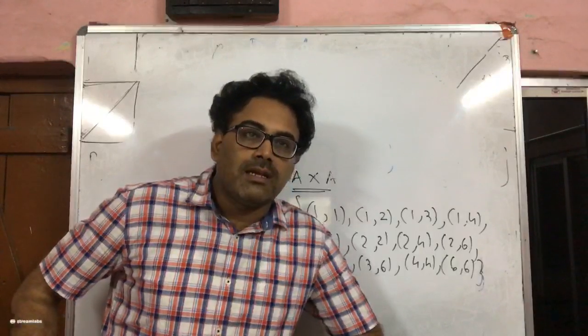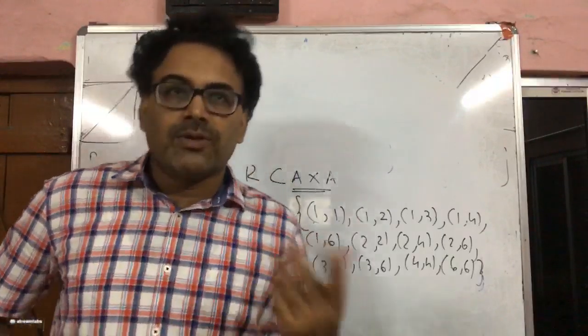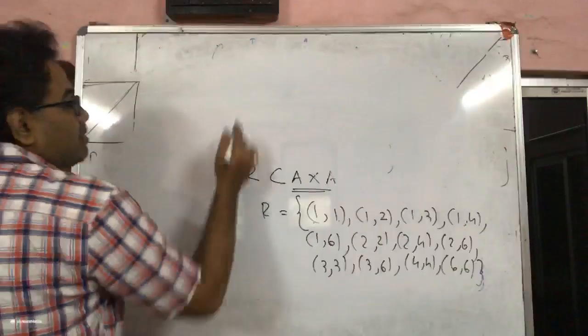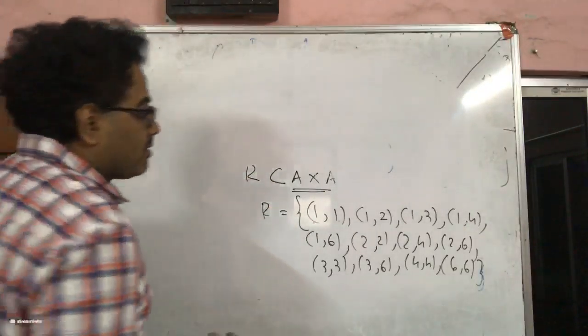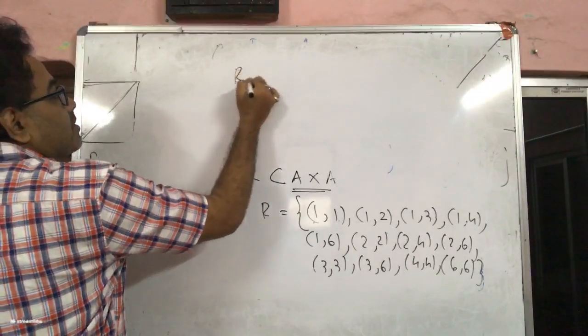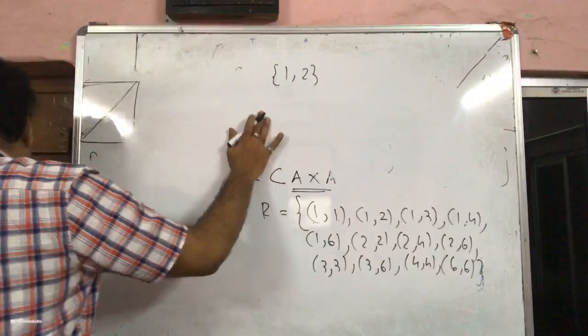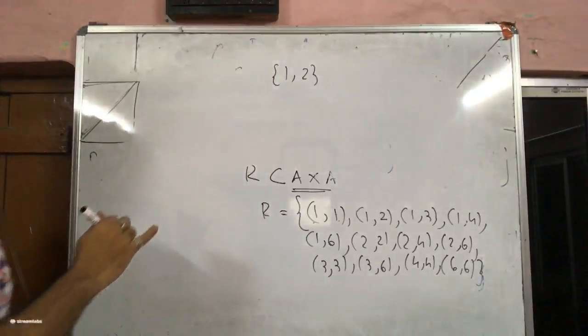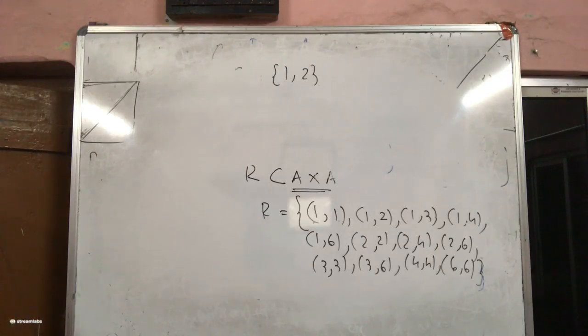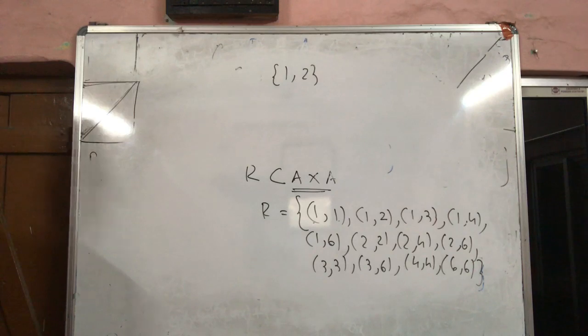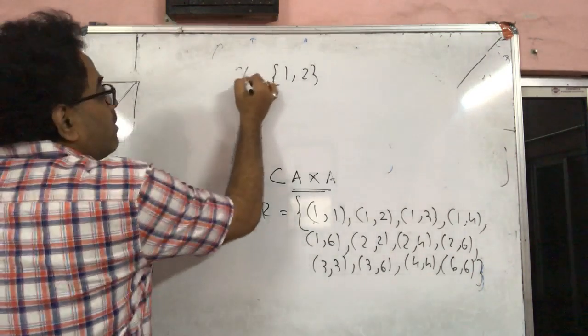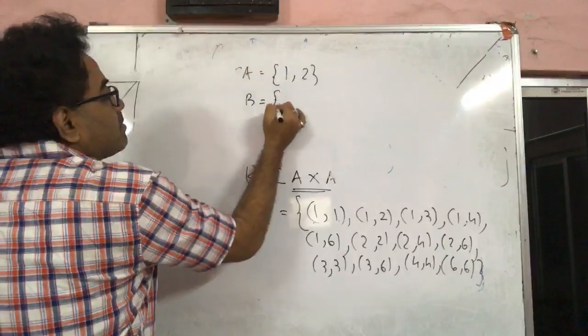But a new type of relation I am going to introduce. Suppose A is 1, 2 and B is 3, 4.